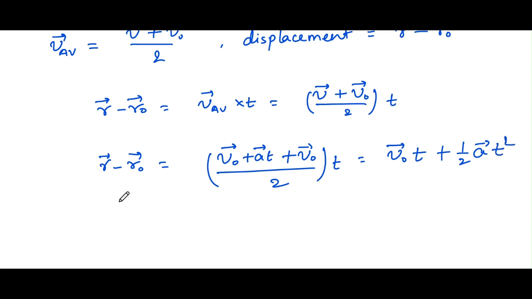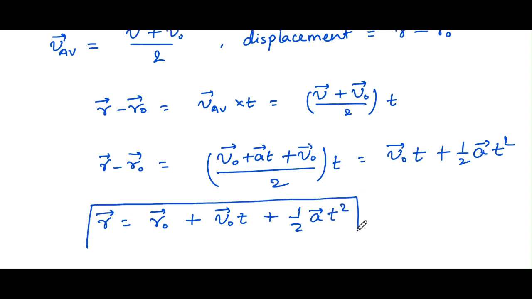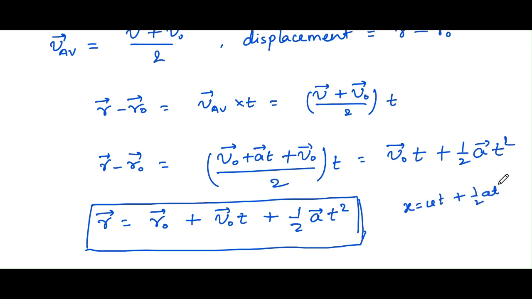You can simplify this term here, and then we have final position equals to initial position plus initial velocity into time plus 1 by 2 acceleration vector into time square. So we have another equation here, and this equation is for position. We have come across this kind of equation in one-dimensional motion, where we have written x equals to ut plus half at square, and there x naught was taken to be 0, means the starting position we were taking as reference position as origin.